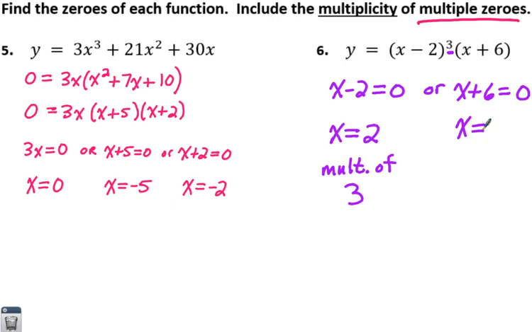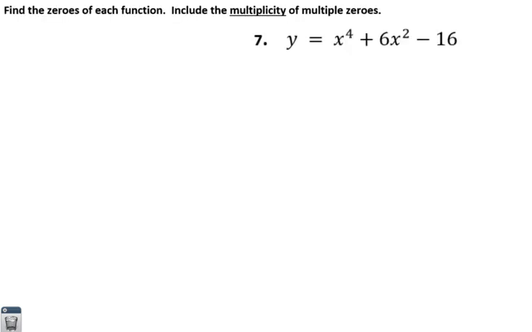And this 0 of negative 6, when you solve for x over there, you could say has a multiplicity of 1. It occurred once. But you don't actually need to write that. You only need to write the multiplicity when there are 2 or more instances of that factor, which means that 0. So, moving on.